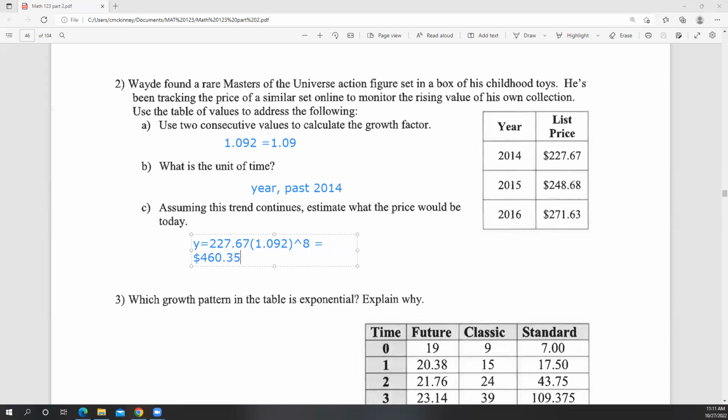Someone do just 1.09 and see what you get. I had left the 2 on there. So if you just did 1.09, you're going to get something slightly smaller. How much? I don't think it should be 700 something. I think that's too much. Did you do 1.09, not 1.9? $227.67.